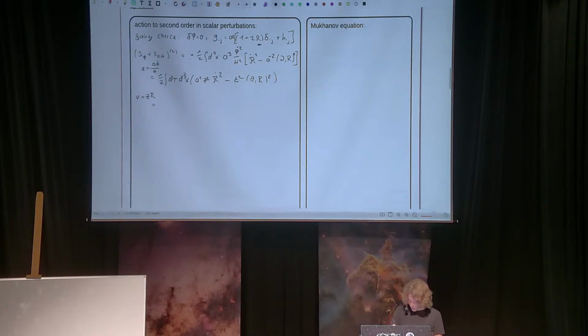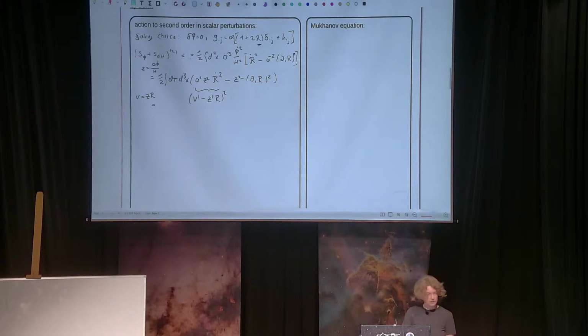And now that means that we can rewrite this guy as v prime minus z prime R, where dots are d over dt and primes are d over d tau, squared. So what's basically happening here is that I'm acting with a time derivative on v, which means I do chain rule, I get a time derivative on z and a time derivative on R. But here I just want a time derivative on R and not on z, right?